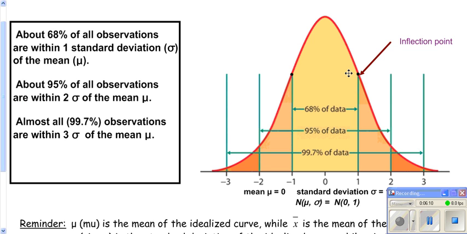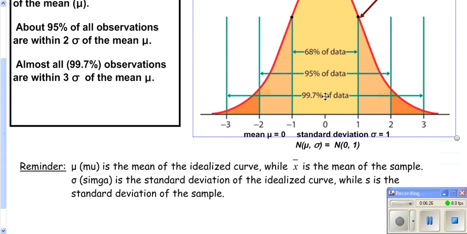Now, if you go two standard deviations to the right of your mean and two standard deviations to the left, in between is 95% of your data. If you go three standard deviations on each side, you get 99.7% of your data.